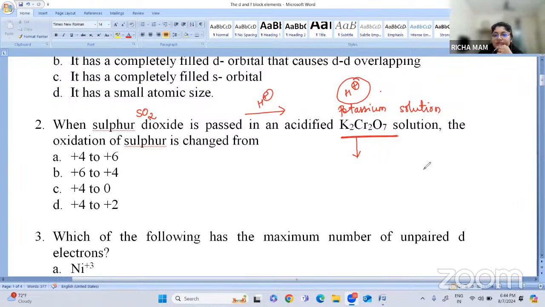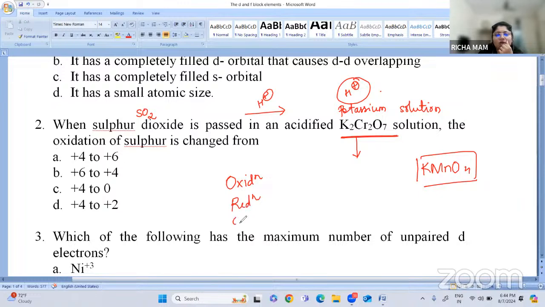Your K2Cr2O7, then your KMnO4, your potassium permanganate, your potassium dichromate, these are strong oxidizing agents. So what is the role of the oxidizing agent? We have studied what is oxidation and what is reduction.